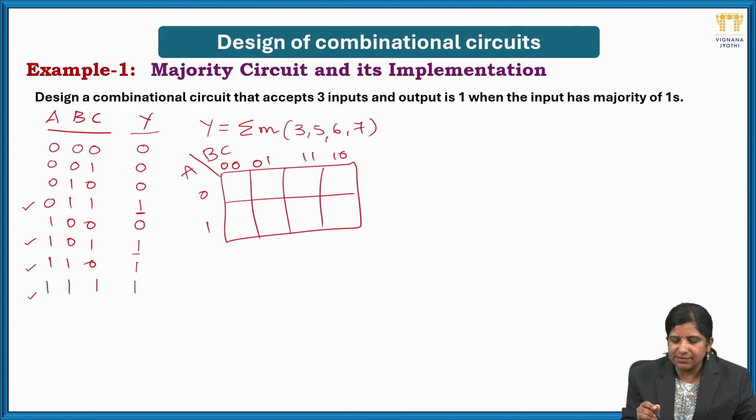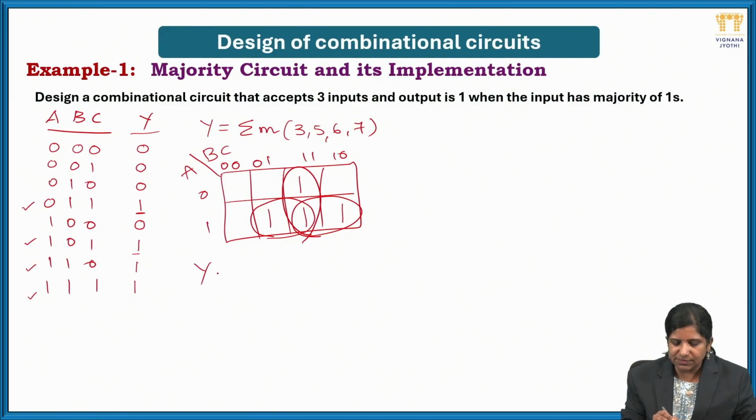Now, what are the minterms given? 3, 5, 6, 7. In place of 3, in place of 5, in place of 6, in place of 7, you have to keep 1. Represent the minterms as 1 in the K-map. Then you have to group the cells. Which cells can I group here? Adjacent cells. So I can combine these 2 cells, I can combine these 2, and these 2 cells can be grouped.